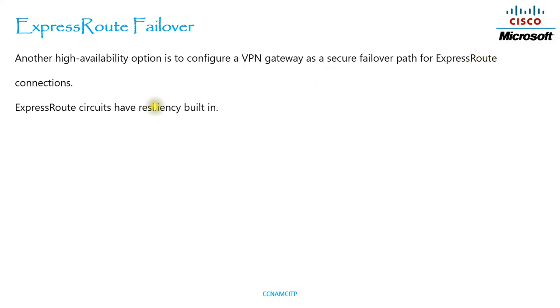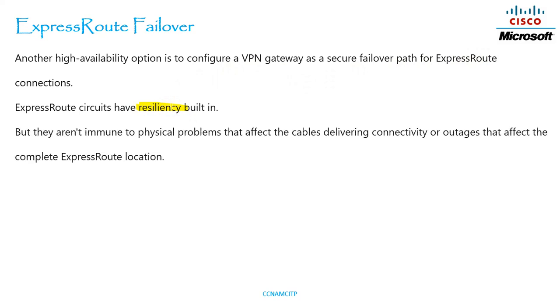By default they have resiliency, but they are not immune to physical problems that affect the cables delivering connectivity, or an outage that affects the complete ExpressRoute location.